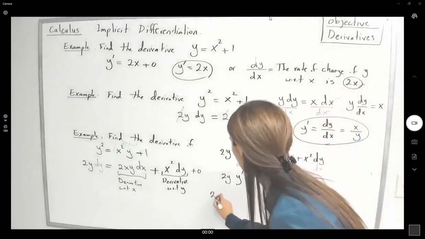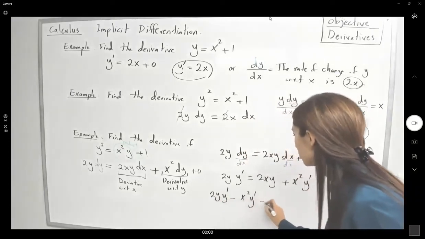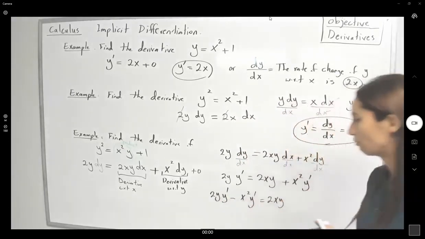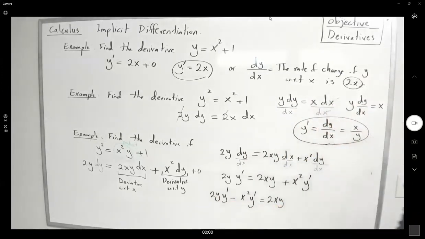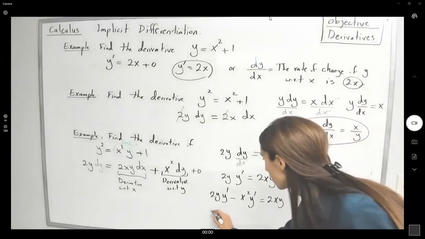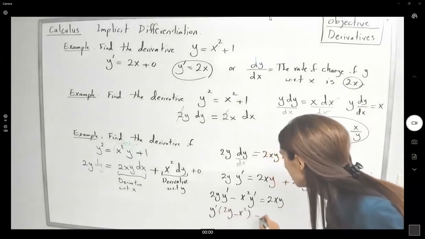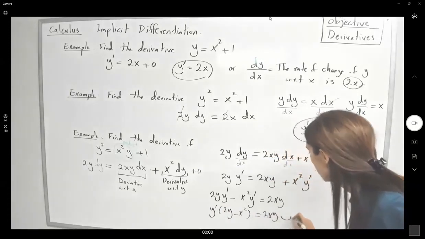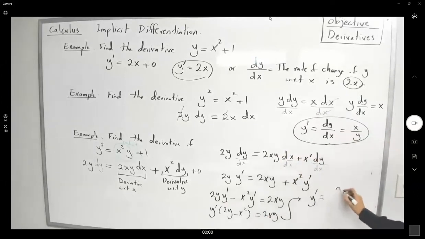We get 2y y prime minus x squared y prime equals 2xy. Factor out y prime. Do you see the board? Yes. Factor out y prime: 2y minus x squared equals 2xy. What's the meaning of that? It means that your derivative is equal to 2xy divided by 2y minus x squared.